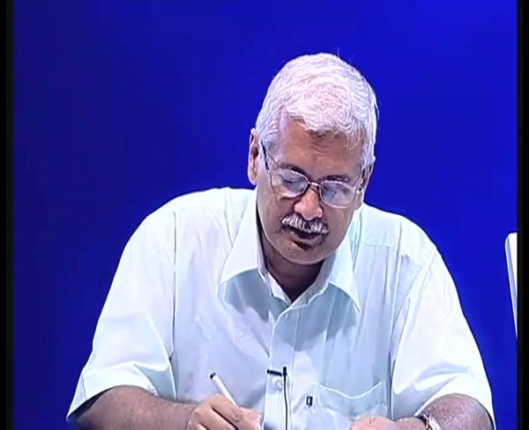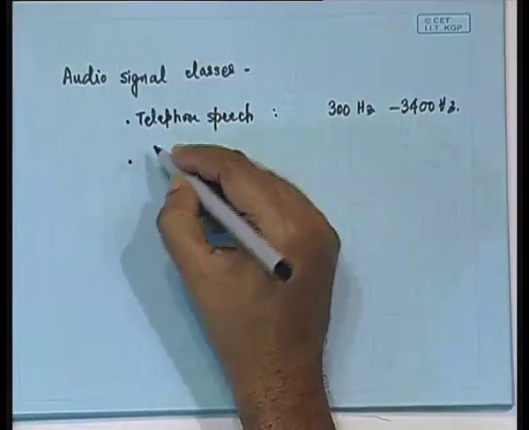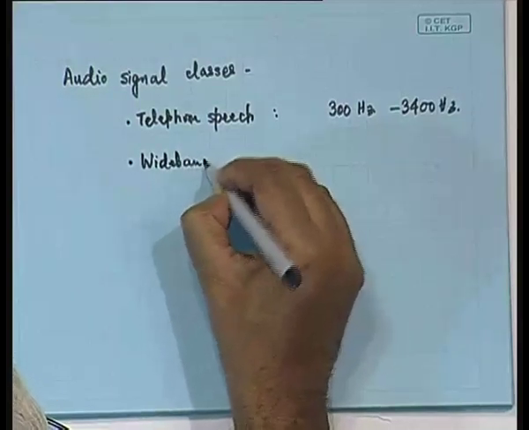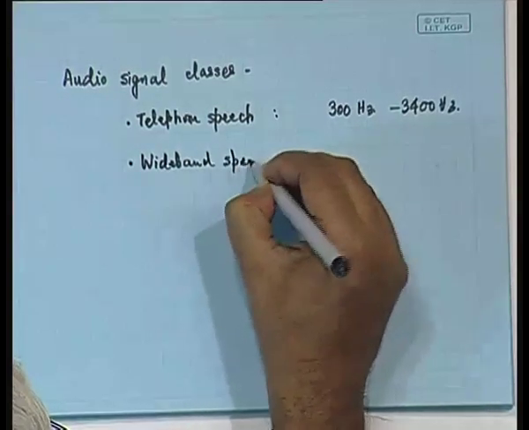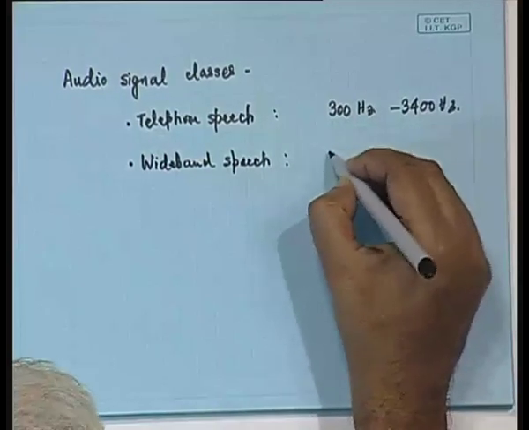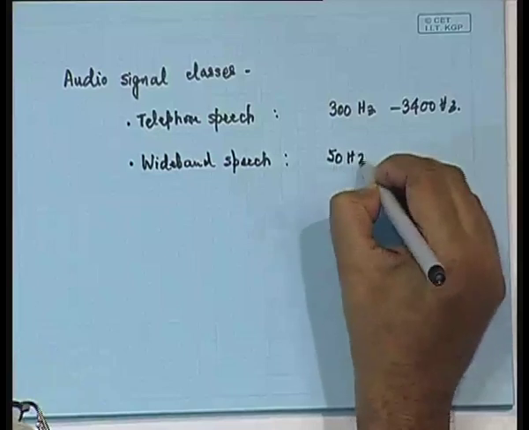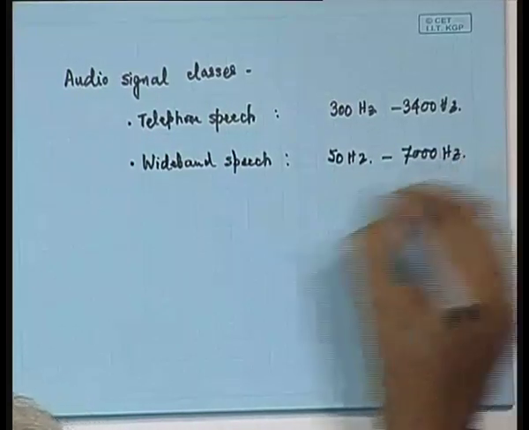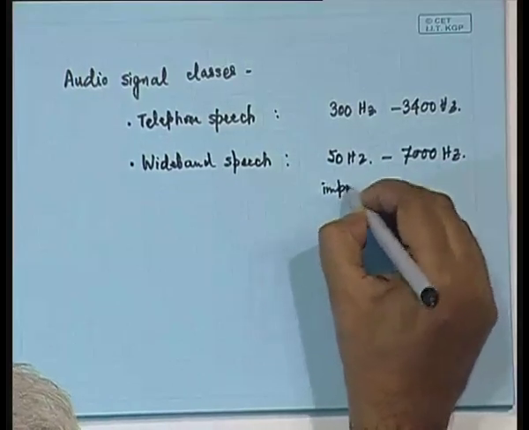The second audio class is wideband speech, for which the frequency range of coverage is 50 hertz to 7000 hertz, and this is for improved speech quality.